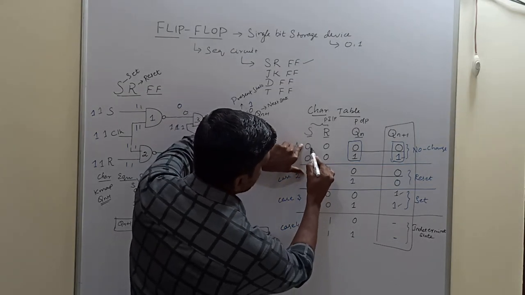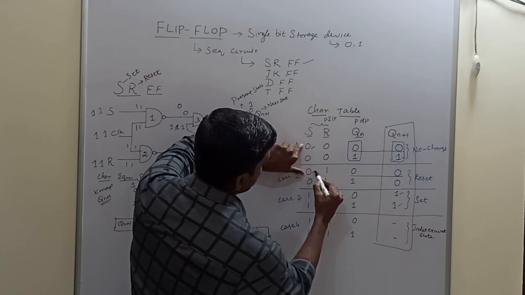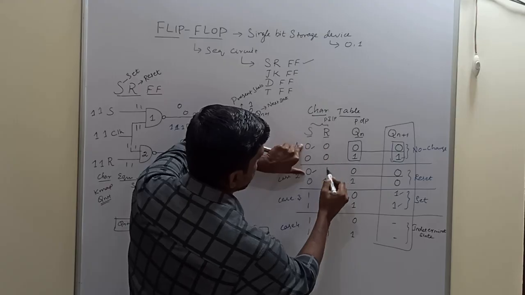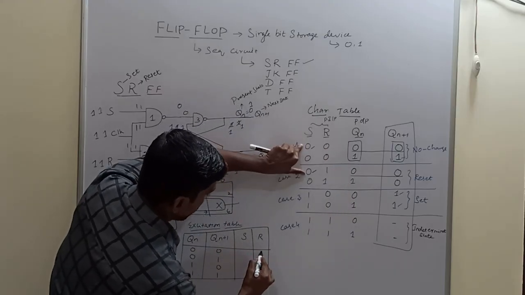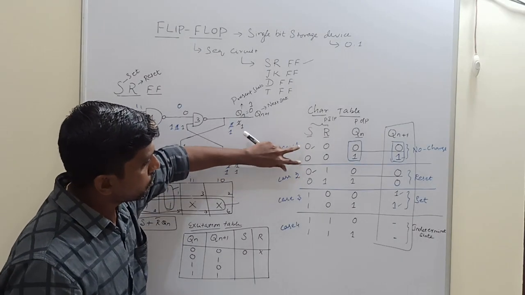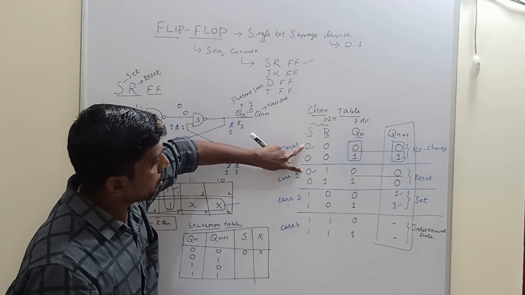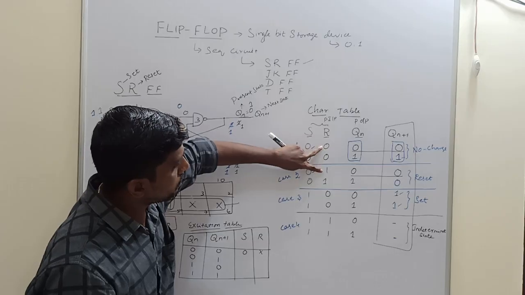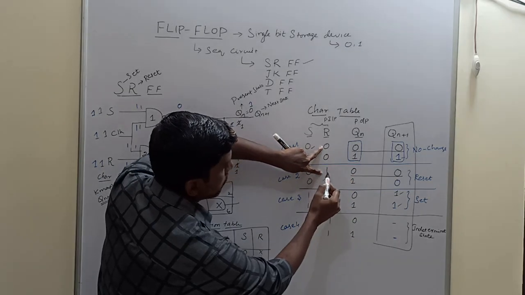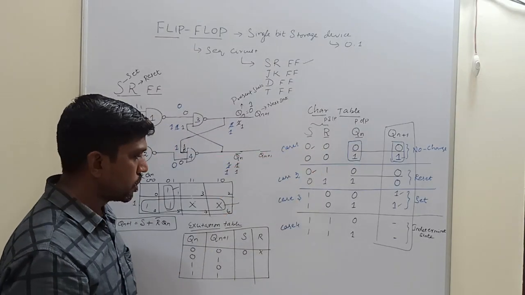Here the S value is 0 in both cases, but R value is 0 and 1. So this 0 1 represents don't care. The S value is common to both cases, 0, but the R value is first 0 and next 1, so take it as don't care.